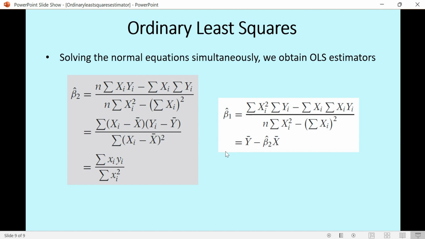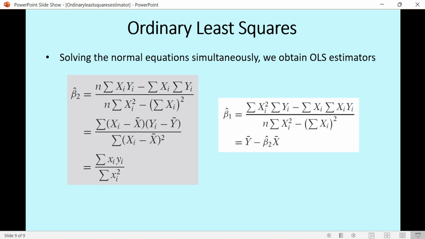Then after some manipulations, we can get beta 2 hat equals sigma xi times yi divided by sigma xi squared. Here we use lowercase letters, where lowercase means the difference between x and its mean value. So we have all the x values, for example, income: 60, 80, 100 to 120.